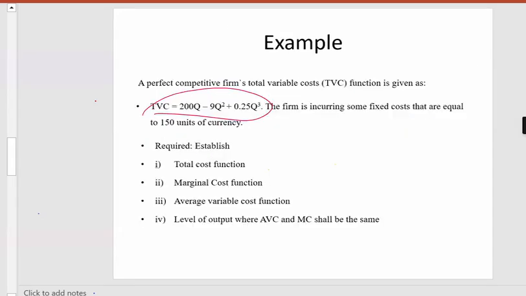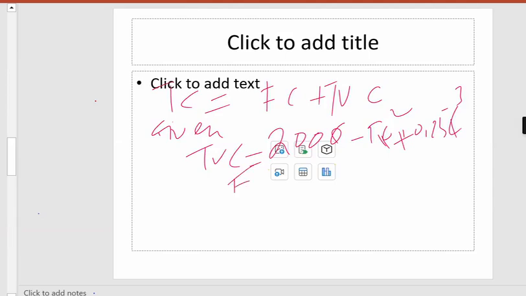And the firm is incurring some fixed cost equal to 150. So what are you required to find?